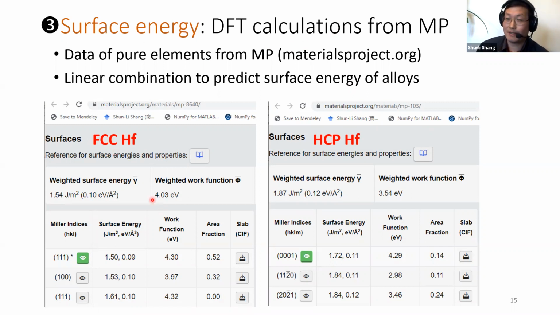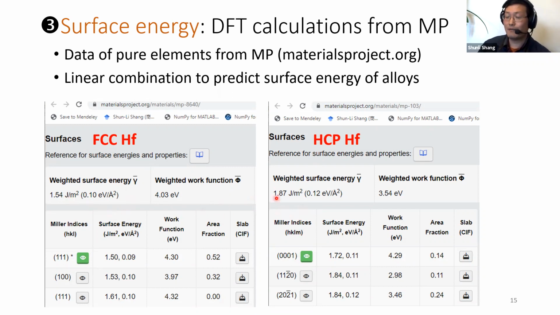Here I give two examples: FCC hafnium is the metastable case, and HCP hafnium is the stable case. We can find the surface energy; the lowest one for the FCC case is usually the (111) plane, and for the HCP case it is the basal plane, the (0001) plane.